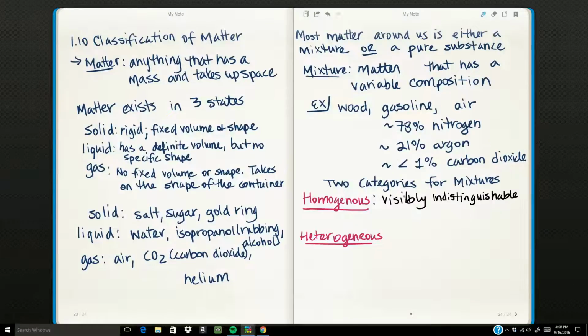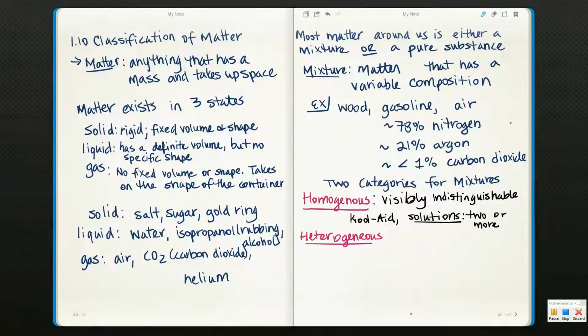So you can't tell that there are multiple things in that mixture. So that would be something like Kool-Aid, because once you add the powder and mix it in water, you can't tell the difference between the powder and the water. So all homogeneous mixtures are solutions. So a solution is a homogeneous mixture of two or more substances.